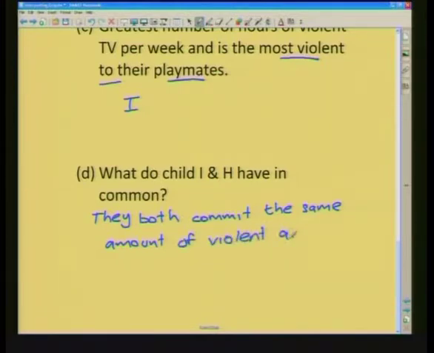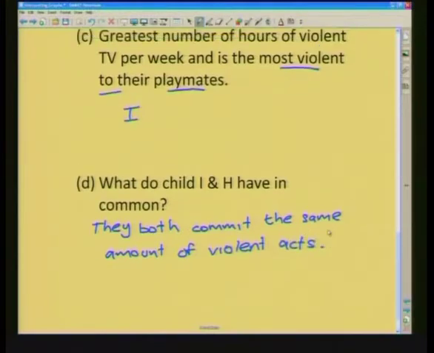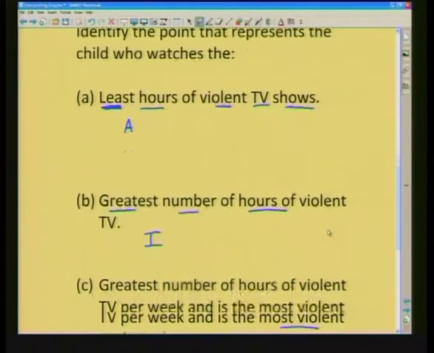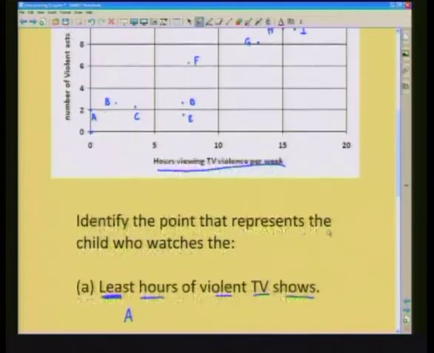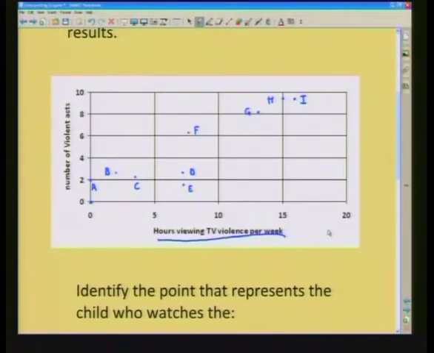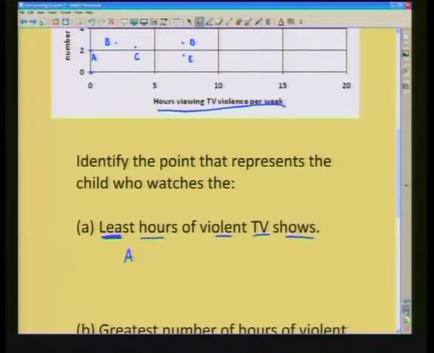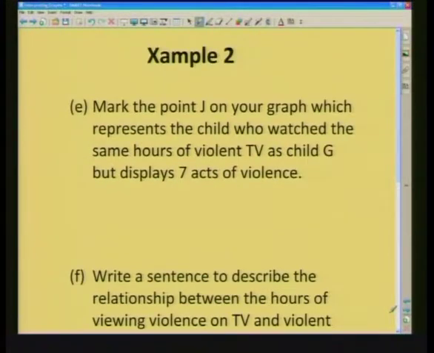So they both commit the same amount of violent acts, and that's exactly what they have in common. So let's just go up here and show you once again. H and I, they're both hitting the same point on the y-axis, so therefore they are both equally violent towards their playmates. All right, let's move on to the next one.